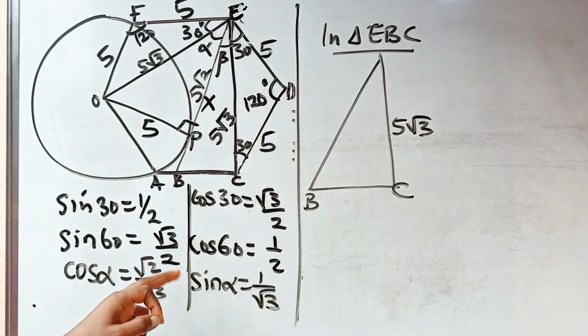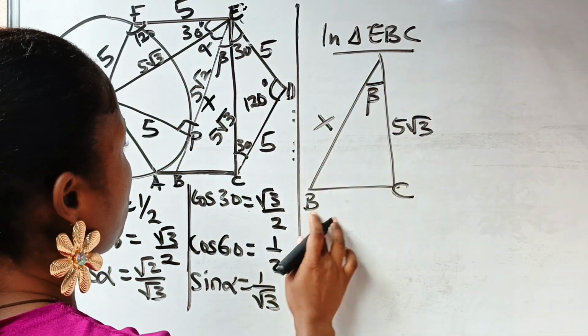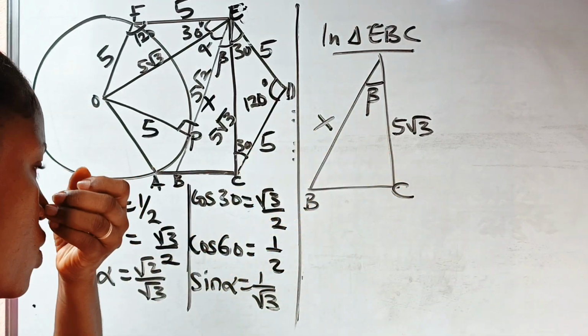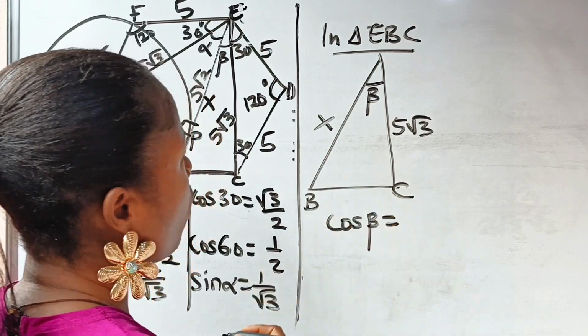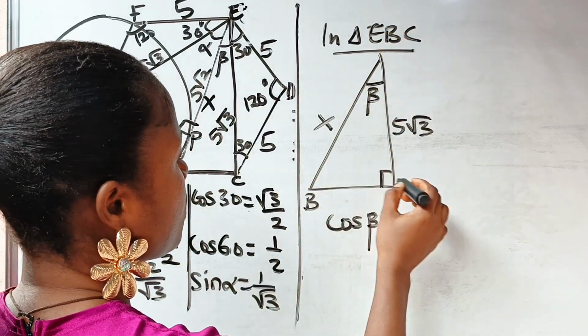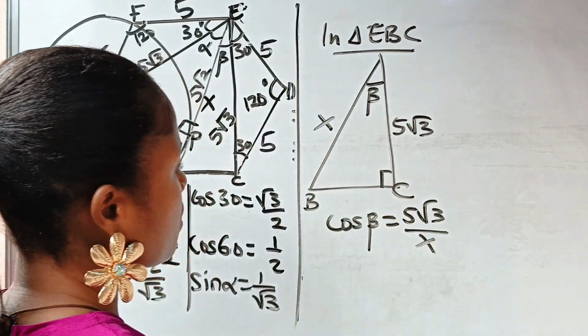EB is the X we are looking for. This is our beta. And BC is not given. So if we consider this triangle and say cos beta, it should be equal to the adjacent, which is 5√3, over the hypotenuse, which is X.